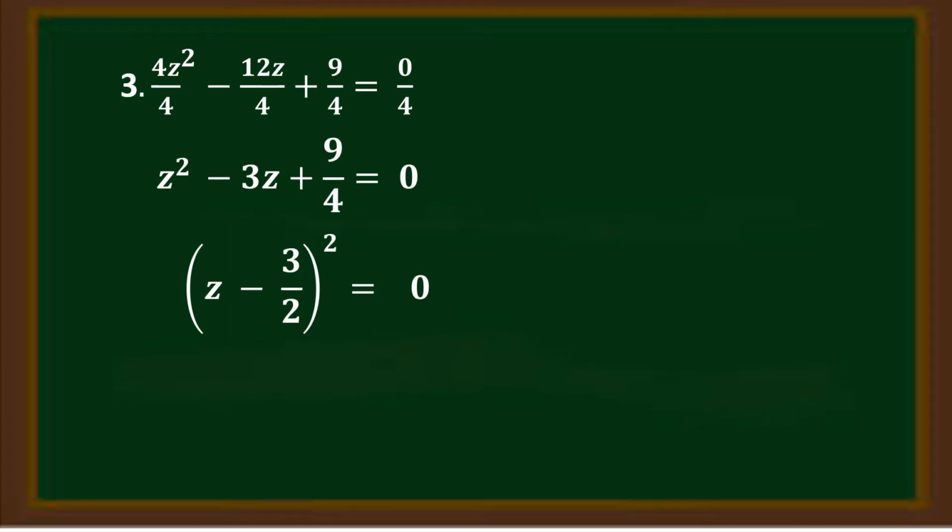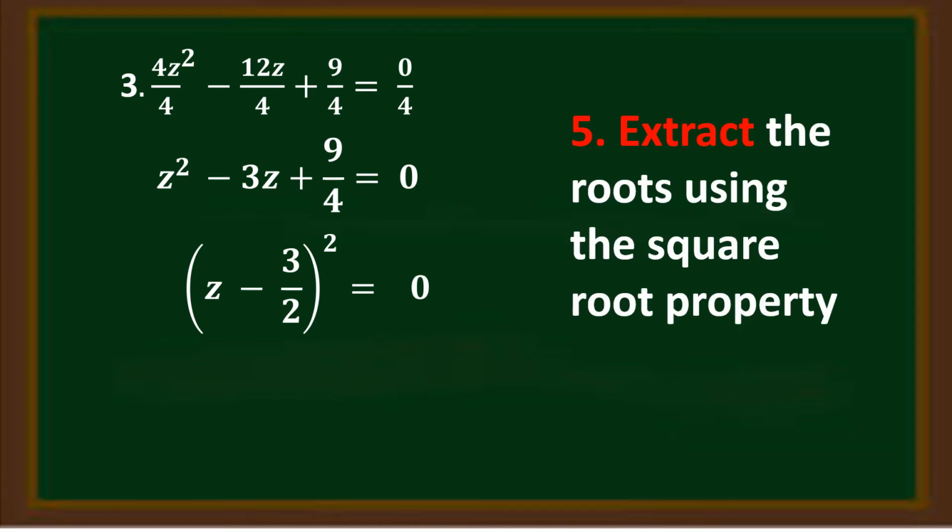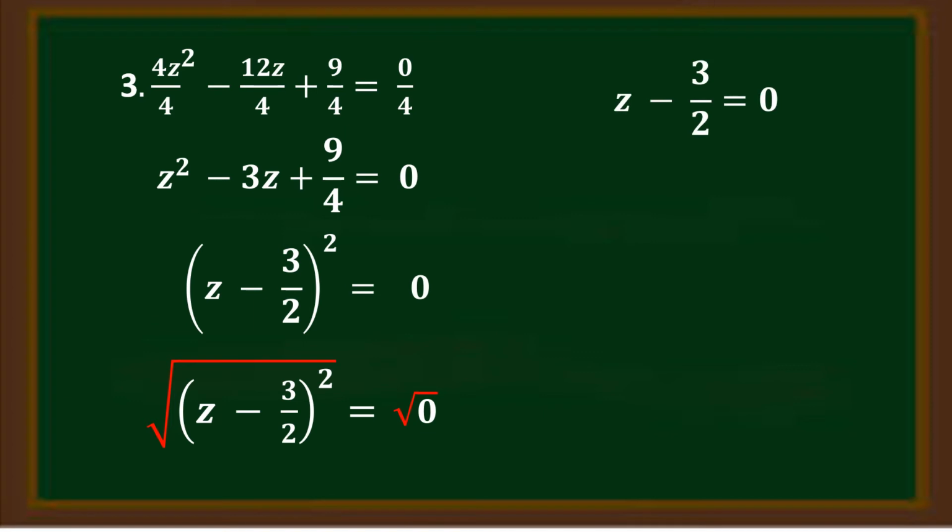Next is to extract the roots using the square root property. We'll be getting the square root of z minus 3 over 2 squared and the square root of 0. The square root of z minus 3 over 2 squared is z minus 3 over 2, and the square root of 0 is 0. Next step is to solve for z.